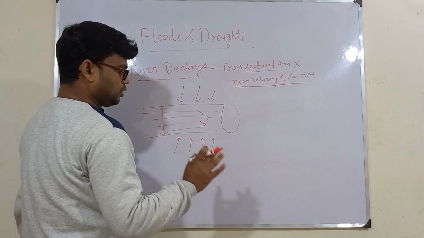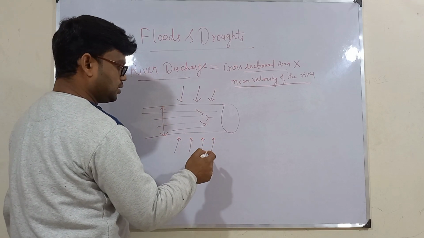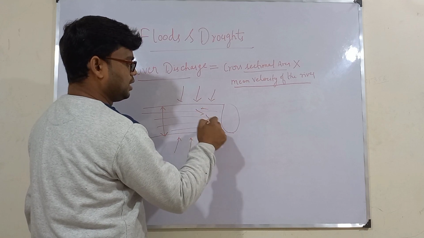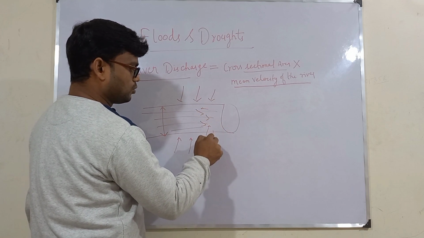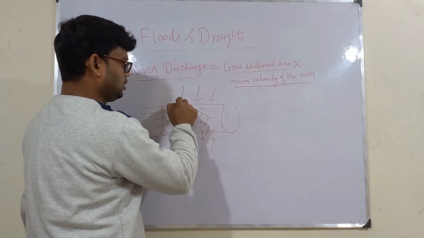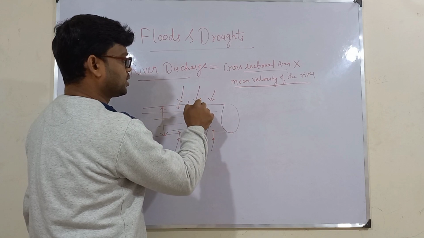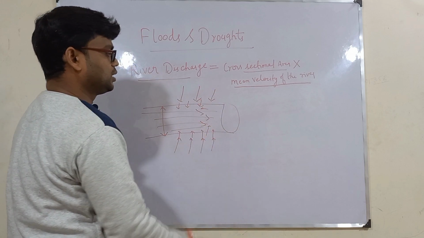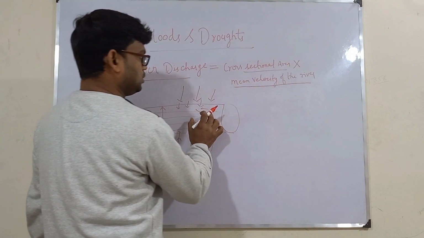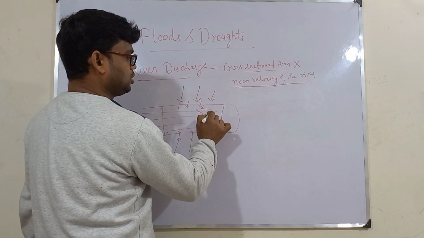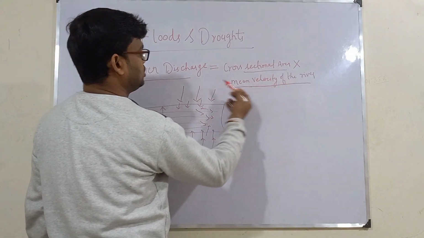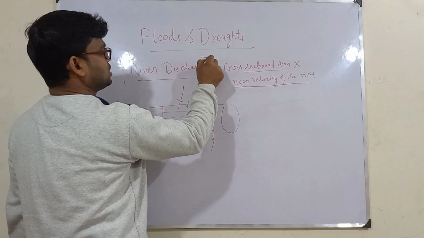During rainy season, the amount of water in this main river gets increased, because the water coming through the tributaries increases, and due to that the mean velocity of the river increases, and the river discharge increases.